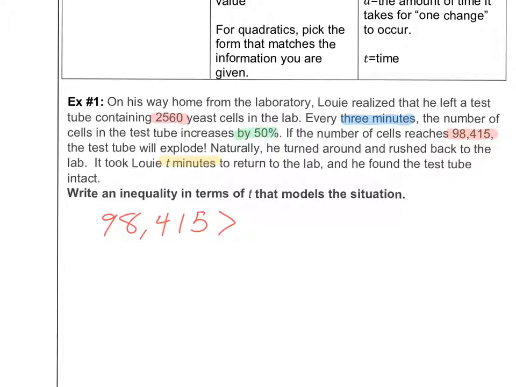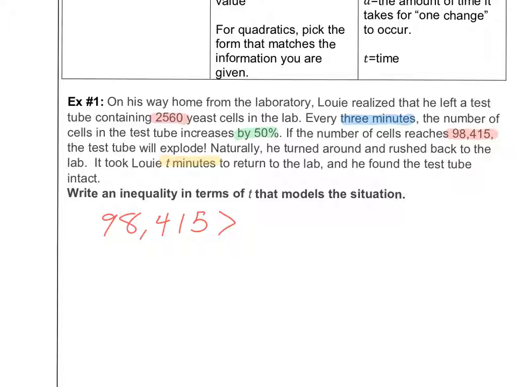It does say to write an inequality in terms of t. Well, I think that our number of cells is going to be less than this, because if it was more than this, it would explode, and we know that it doesn't explode. So hopefully that makes sense as to why I know it's less than 98,415.